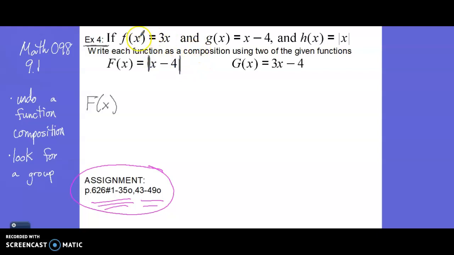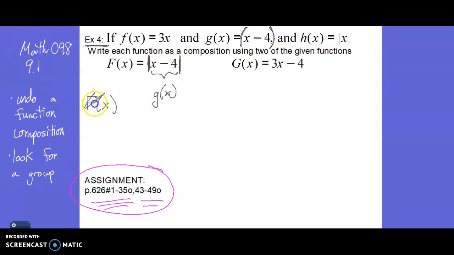Well, what I need to do is think about, well, can I make the absolute value go inside of something? Well, if you look at the inside of that, the inside of that is g of x. I hope you recognize that x minus 4 is on the inside. So it's g of x.